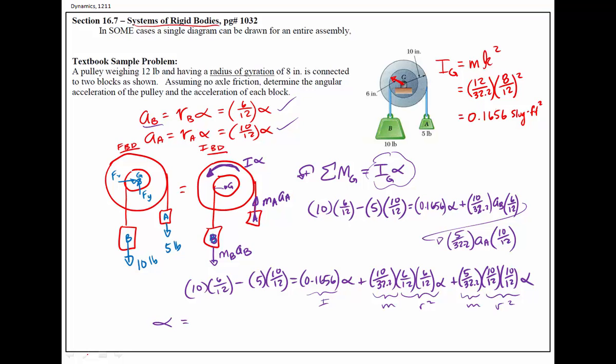So we solve for alpha, and we get 2.373 radians per second squared, and it's going to be counterclockwise. So that's one of our answers.